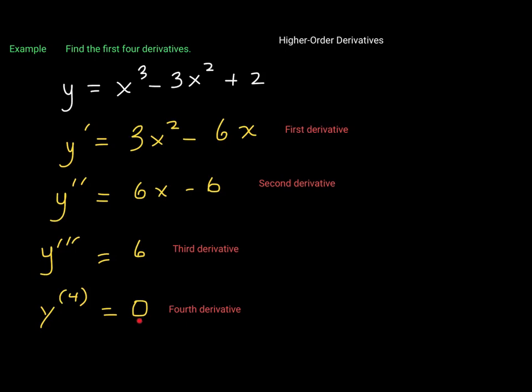Well, you would be taking the derivative of 0, which is just 0, right? And then the sixth derivative would be the derivative of 0, which is 0. The seventh derivative would be 0, and so forth. In other words, for this particular polynomial function, the fifth and later derivatives are all 0. Higher order derivatives have really cool applications in mathematics and calculus that we will explore later.